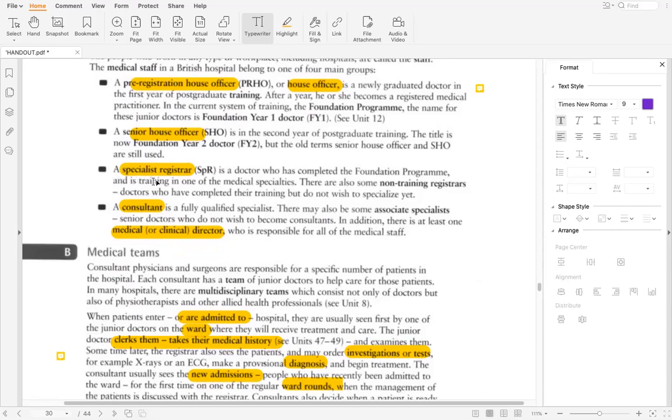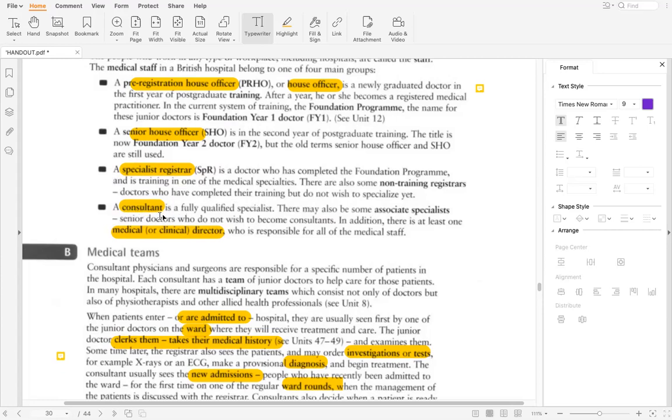We have a specialist registrar, is a doctor who has completed the foundation program and is training in one of the medical specialties. There are also some non-training registrars, doctors who have completed their training but do not wish to specialize yet.